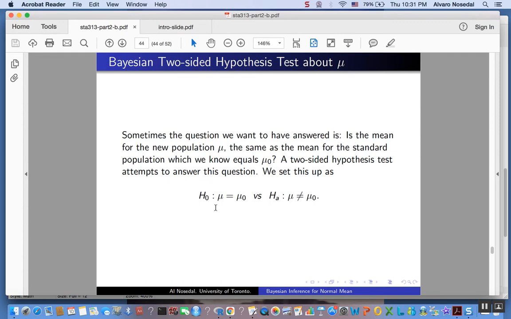And if you want to test a two-sided alternative, what you do is you find your Bayesian credible set. If the value of the mean under the null hypothesis is not contained inside your credible set, then you reject. Okay? Make sense? So that's the only difference.